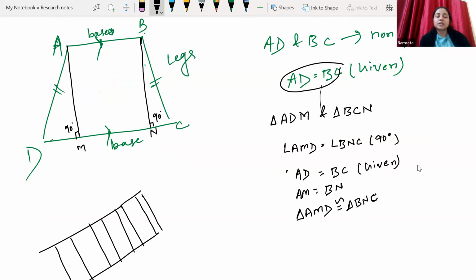Which congruency criteria is working over here? Everything is written here. You can check the figure and let me know which congruency criteria is working.